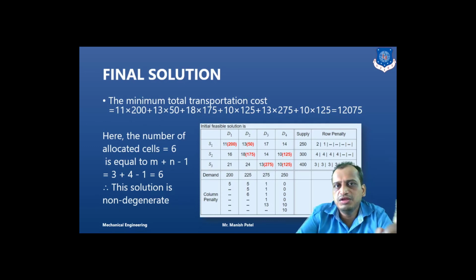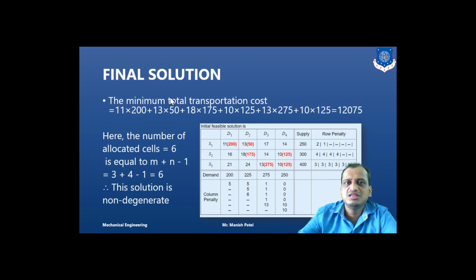Previously, the northwest corner method and least cost method arrived at a solution of 12,200 rupees of transportation cost. From this method, you have arrived at 12,075 as the solution. So obviously, this method arrives at the near optimal solution of minimum transportation cost.